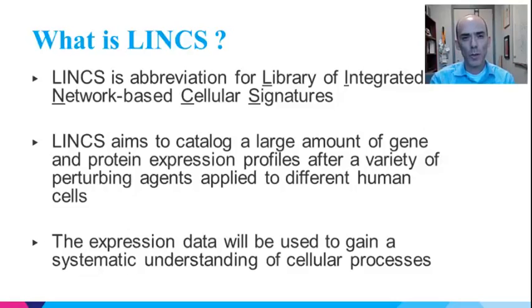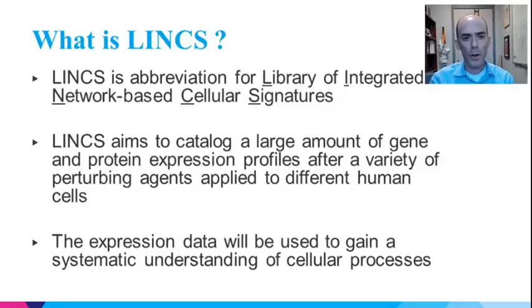And the NIH Office of the Director seems to agree with me because they are investing an enormous amount of resources to further develop this idea. And this is for a project called LINCS. They have provided large funds to create a new version of the connectivity map, and this is the project called LINCS. So what is LINCS?